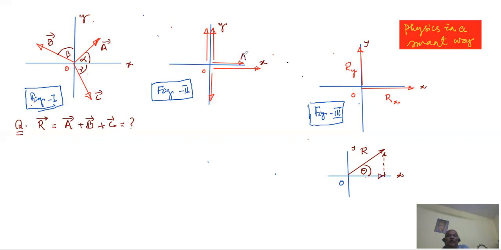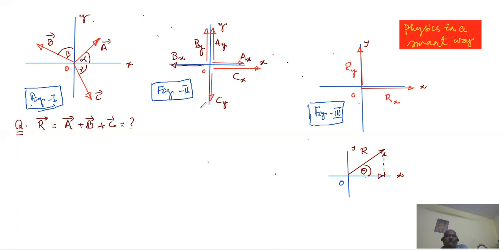A will have two components: the X component, AX, and the Y component, AY. The X component of B, I forgot, will be like this, that is BX, and the Y component of B will be BY. Similarly, C will have its X component, CX, and its Y component will be downwards, that is CY.